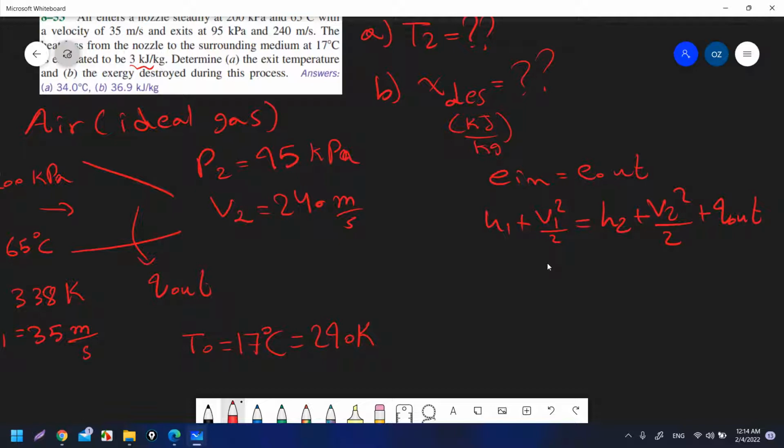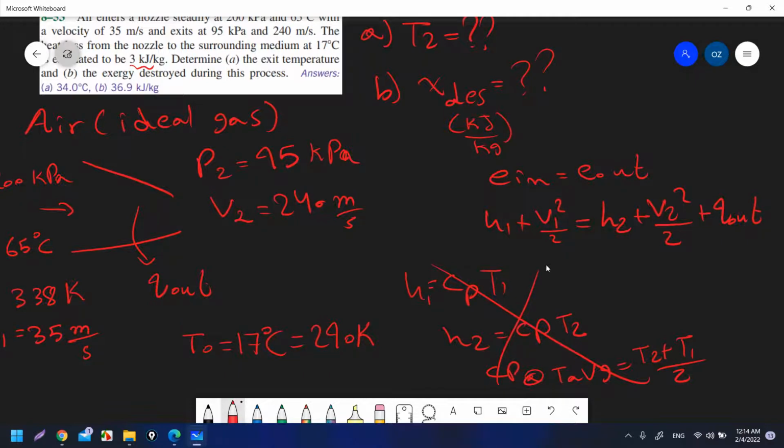If I have V1 and V2 and Q out is given also, for H1 and H2 I can find them either by constant specific heat and say that H1 is equal to Cp T1 and H2 is equal to Cp T2, but I don't have T2, and already Cp, I have to calculate Cp at the average temperature T average, which is equal to T2 plus T1 over 2, and I don't have T2. So I cannot use the constant specific heat assumption.